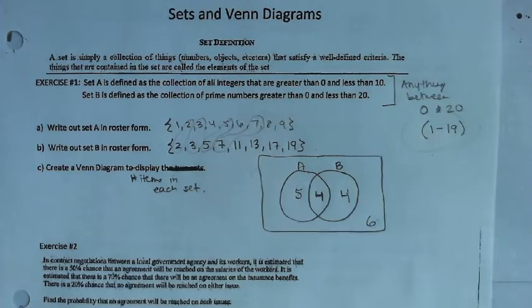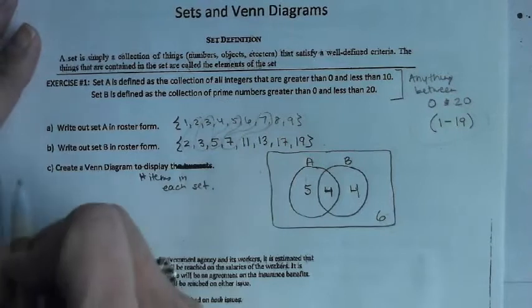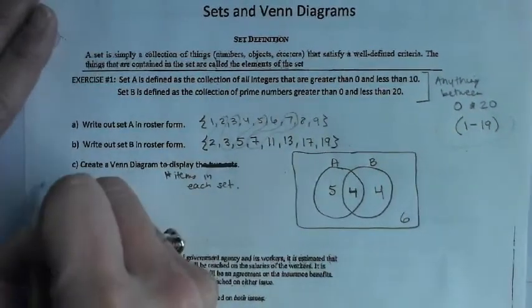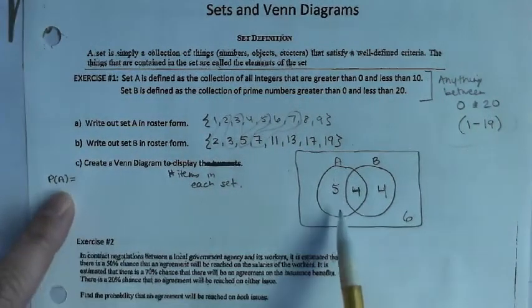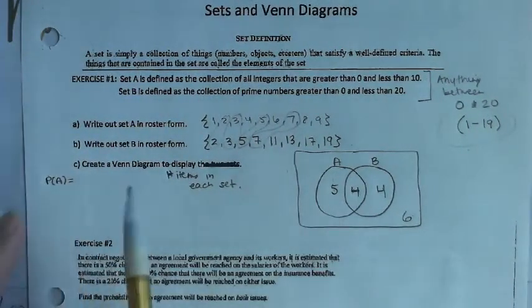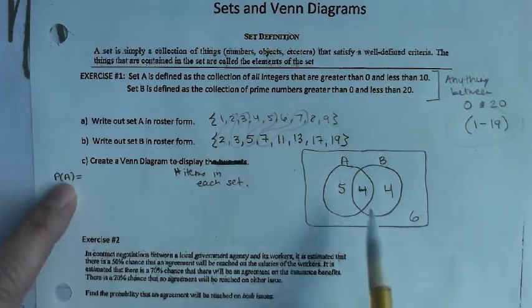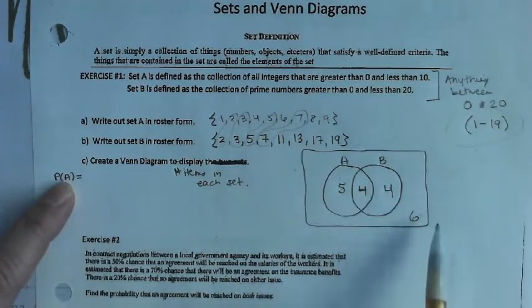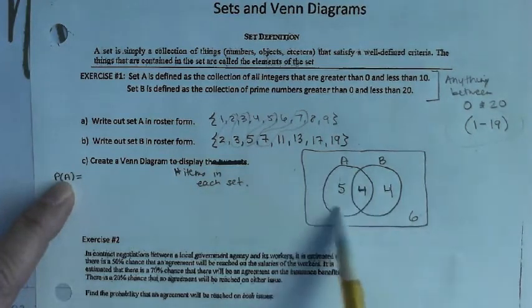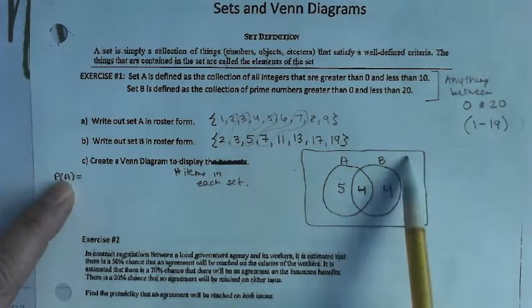Okay? So a few notational things. Probability-wise, the probability of picking a number that's just in A, or not just in A, but the probability of picking something that falls in set A. There's 9 out of a total of 19. Yes? If you look at your Venn diagram, in A there are 9 out of a total 19.